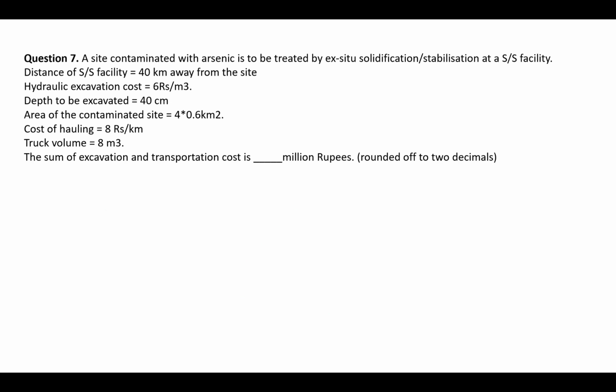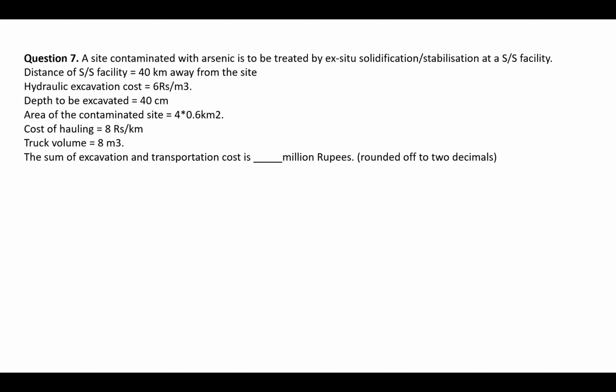So again, it is a numerical type question. The question is, a site contaminated with arsenic is to be treated by solidification or stabilization at an S/S facility. So we have been given the distance of the solidification stabilization facility, 40 kilometers from the site. Hydraulic excavation cost is given.